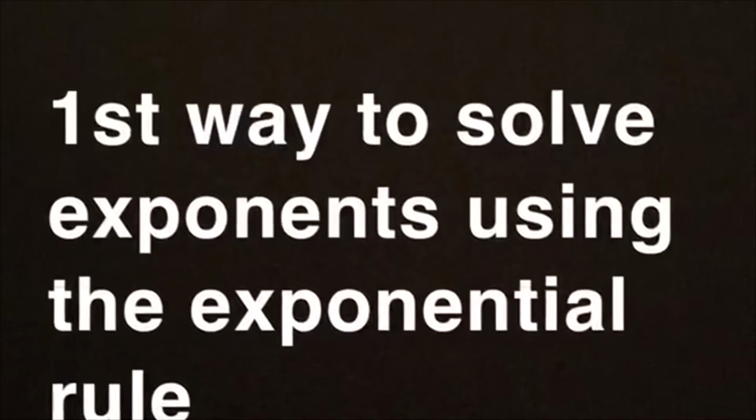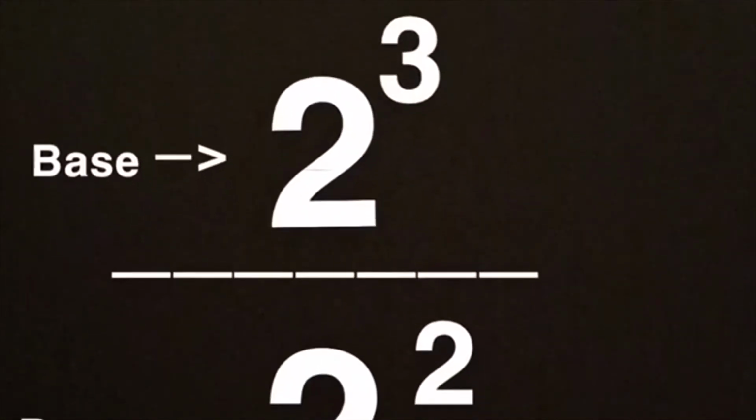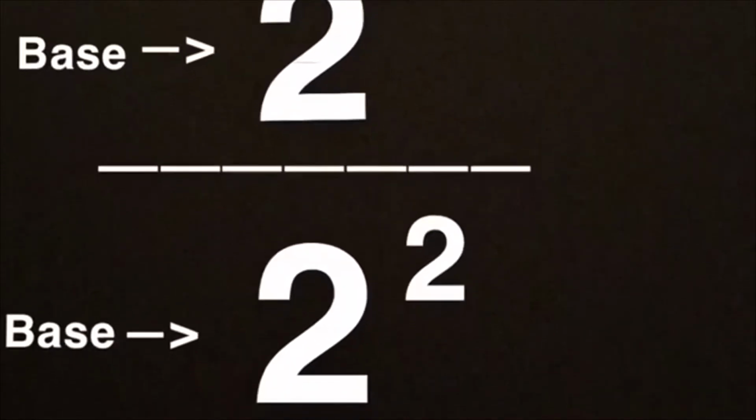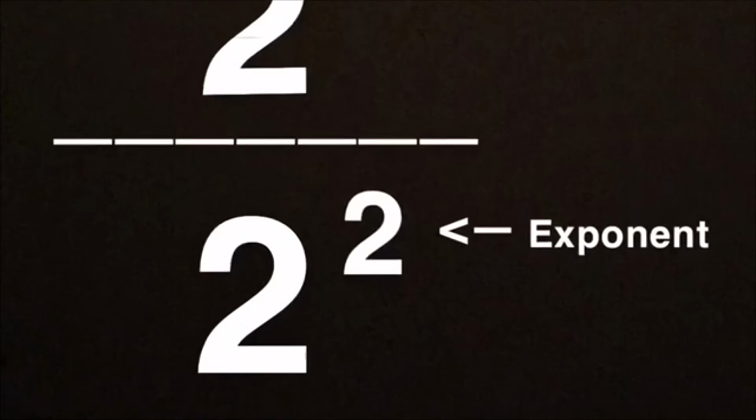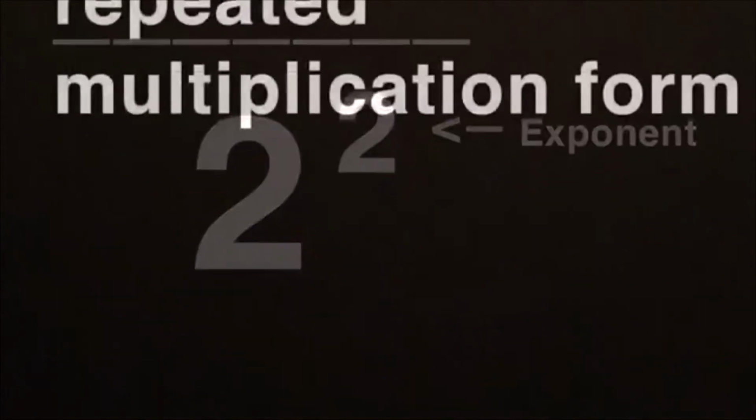Now one of the quotient rule methods you can use that involves repeated multiplication is basically dividing the repeated multiplication and canceling. So for example, 2 to the power of 3 divided by 2 to the power of 2. By writing out the repeated multiplication, you can cancel out the pairs. The 2's you see are the base, and the 3 and 2 are the exponents.